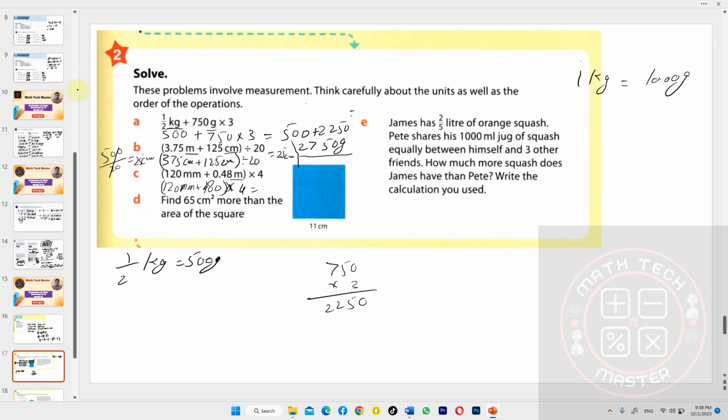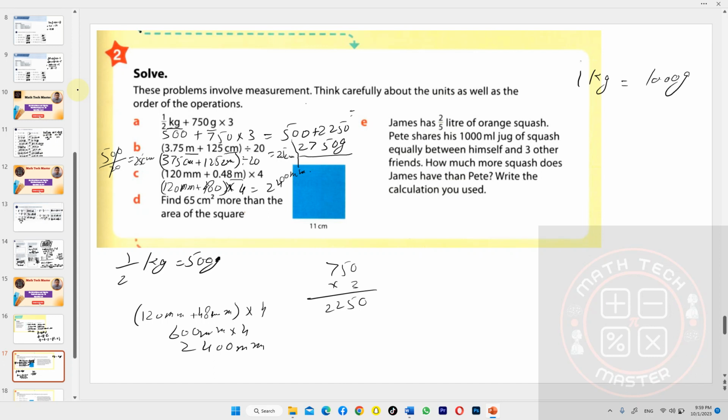So 120 millimeter plus 480 millimeter, it will be 600 millimeter, multiply by 4, or 2400 millimeter. So we can say it is 2400 millimeter.